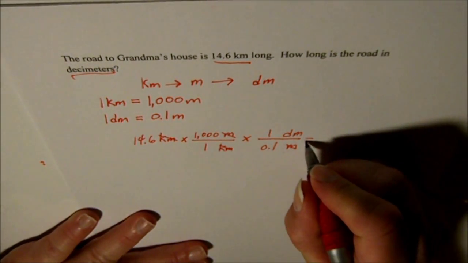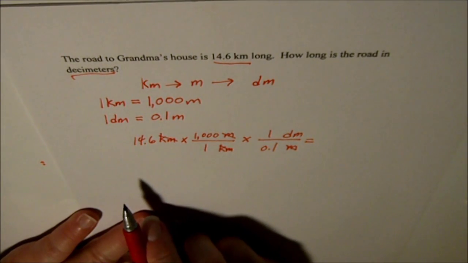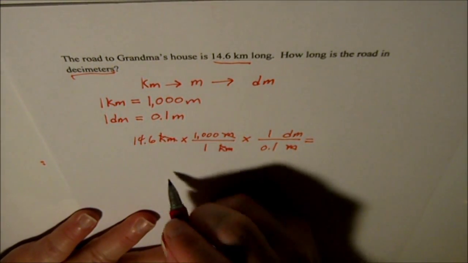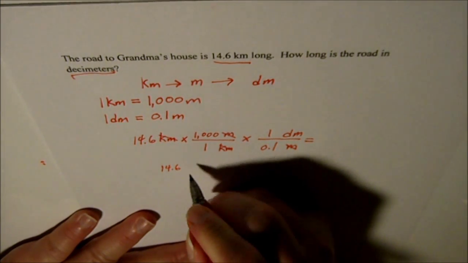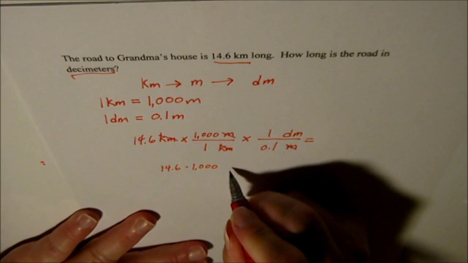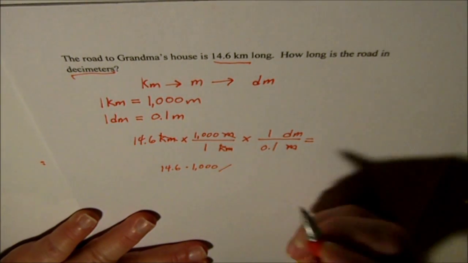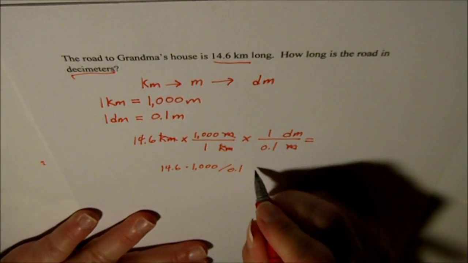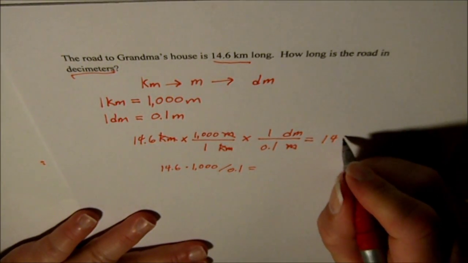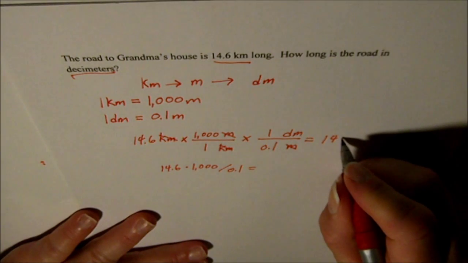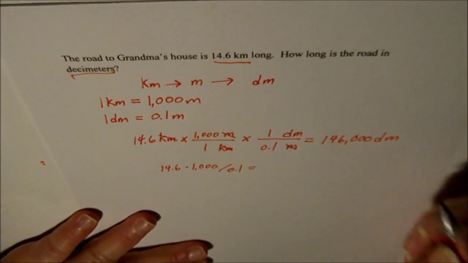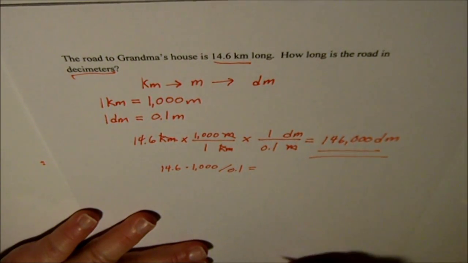So the final step would be just putting this into your calculator. It would be 14.6 times 1,000 divided by 0.1. And when you do this in your calculator, you'll find that this is 146,000 decimeters. And that is the answer.